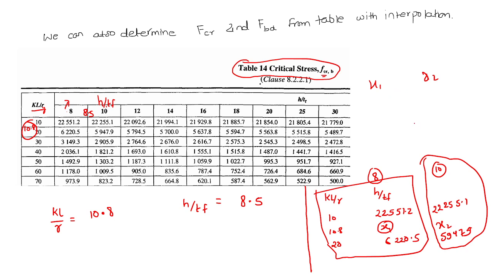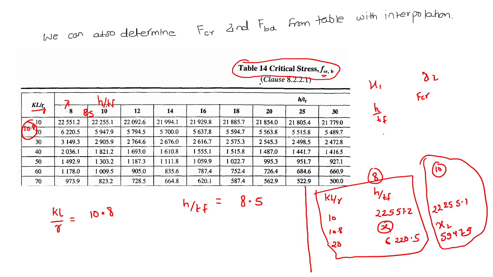Now we will again do interpolation, and this time we will keep H by TF as the variable and FCR as the second term.